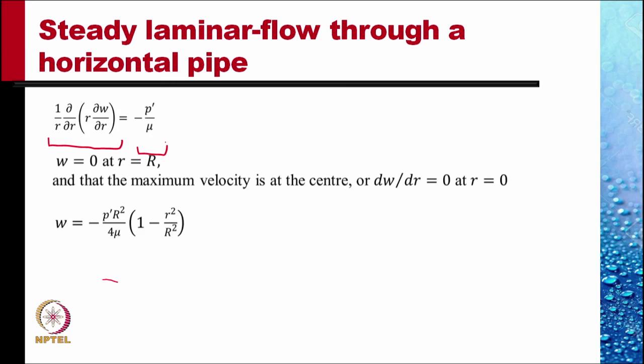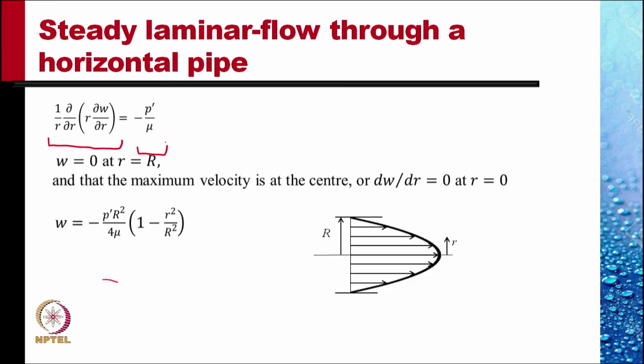The famous parabolic velocity profile. We have earlier determined the average velocity. This is the maximum velocity, W max or V max, as we noted earlier, capital V max.